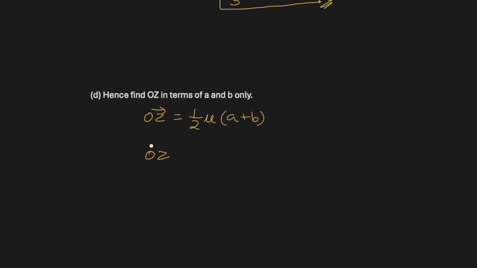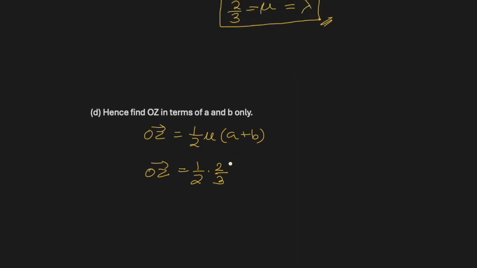So OZ becomes now half times 2/3, yeah, that's what I got, 2/3, times (A plus B). So 2 and 2 cancel. OZ finally comes out to be 1/3 of (A plus B).